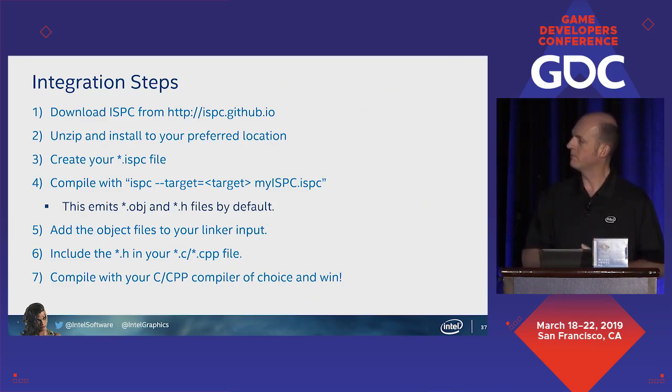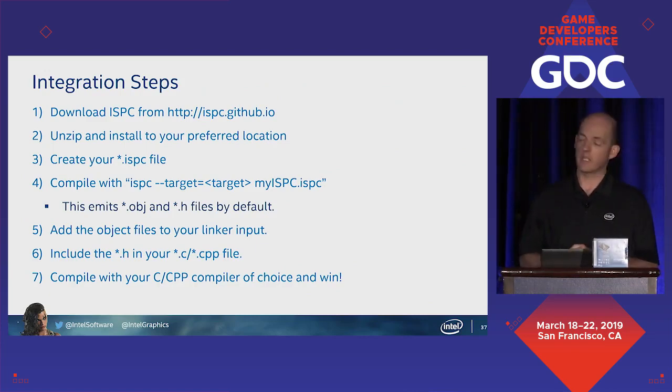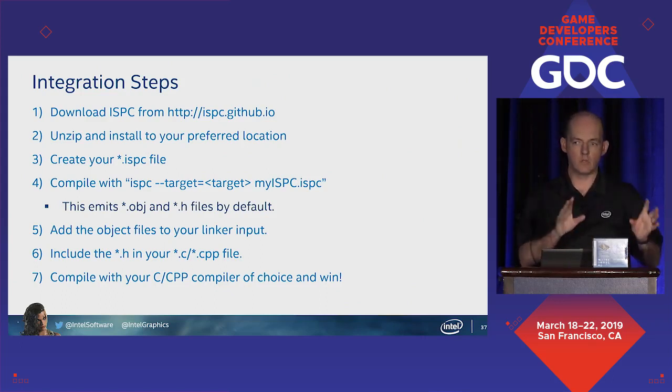You have your kernel at the end, and that's it. It will compile it, and assuming you've got clean compilation, you then will get your .o file and your header file. You add your .o file to your linker. Your .h you obviously add into your C, C++ code. You do the integration that's needed to call into your actual kernel, compile it, and you're off. It's really simple.